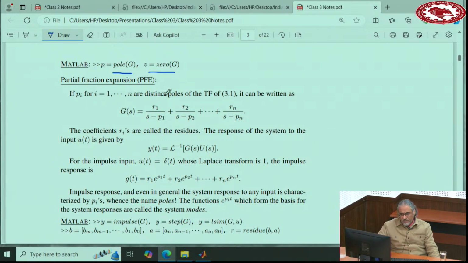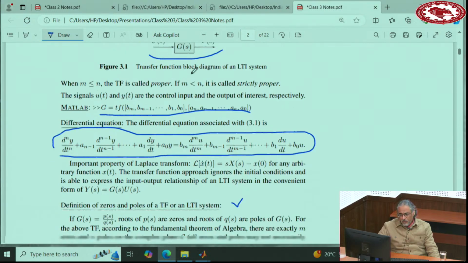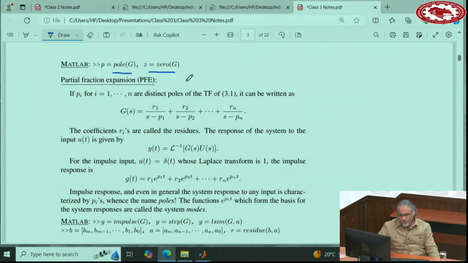And now, if you have a transfer function, you can also take the inverse Laplace transform. So if you have a function like this, according to partial fraction expansion, you can write it this way, in which P1, P2, all the way to Pn are the poles of this system, and R1, R2 to Rn are called residues of this system.